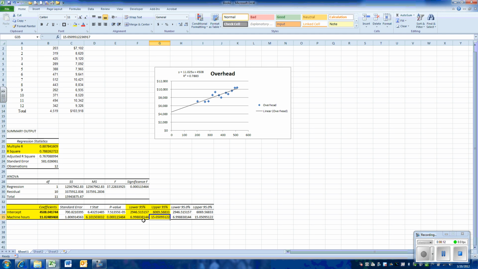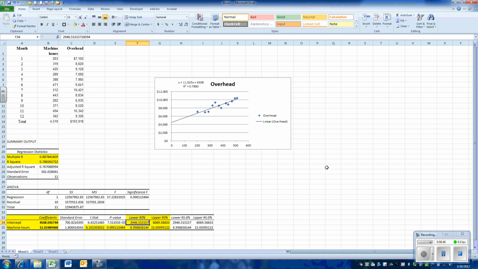So again, the distance between the lower and the upper gives us a measure of the comfort. The same with the fixed cost. With a 95% confidence, we can say it's between $2,946 and just about $6,070. So again, this data is used to see just how reliable this equation is in predicting cost based on machine hours used.